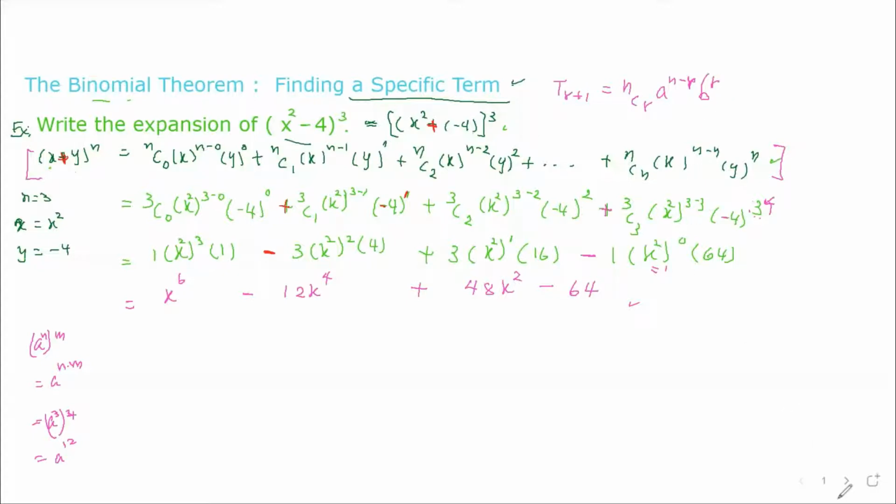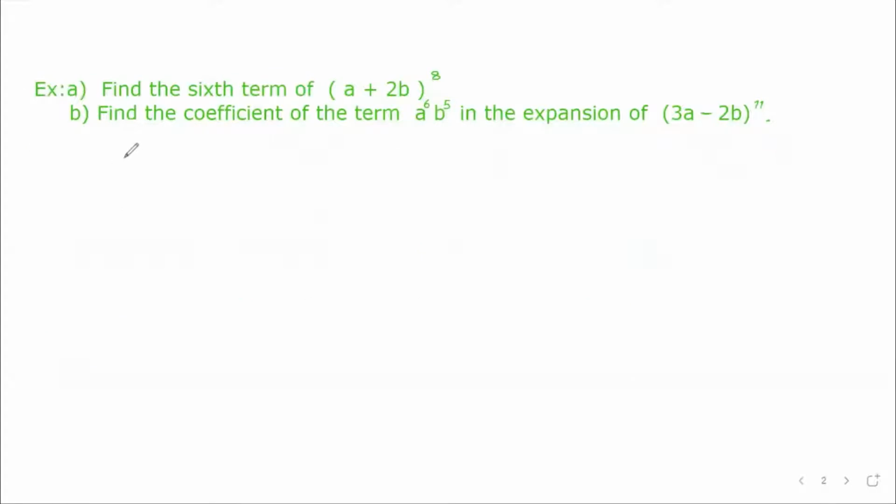Okay, so we see the next example, how it looks. Find the sixth term of (a plus 2b) power 8, and find the coefficient of the term a power 6 b power 5 in the expansion of (3a minus 2b) power 11.